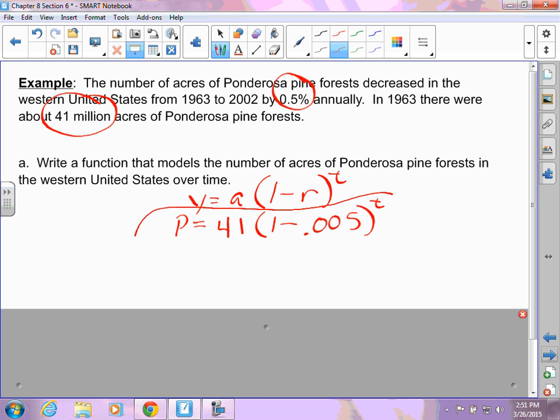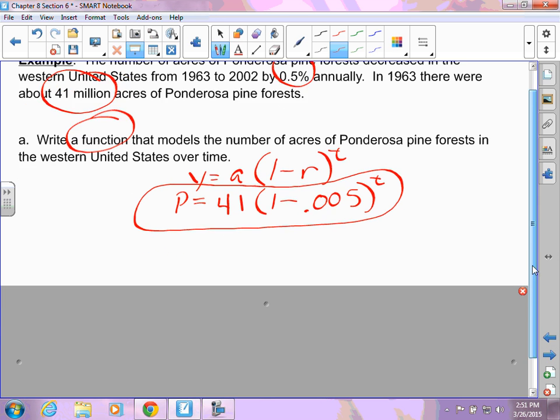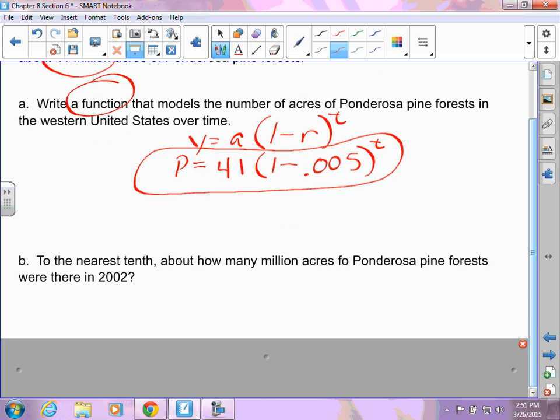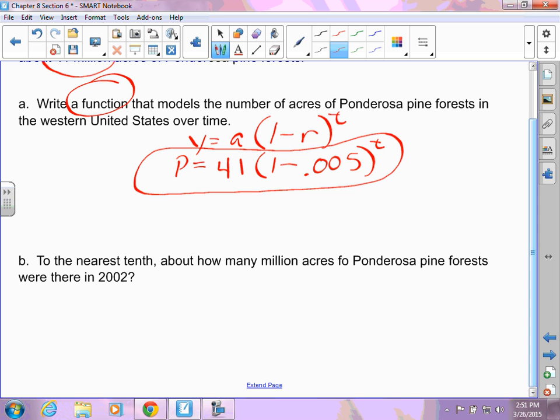Remember, we've talked about a function before: we have an input and an output. So it's going to be my equation. Part 2 now asks me to find, to the nearest tenth, how many million acres of ponderosa pine forest there are in 2002. I'm going to take this equation again, and I need to find t.